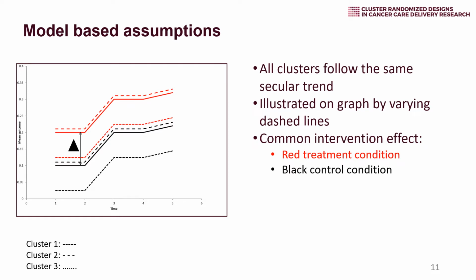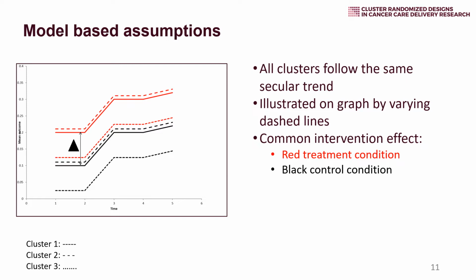So this means in order to be able to estimate how our treatment is working, we have to use a model-based analysis. And we have to adjust for underlying secular trends. And we do so by assuming that all clusters follow the same secular trend. So in this graph on the left-hand side, we've got three clusters, cluster 1, cluster 2, cluster 3.